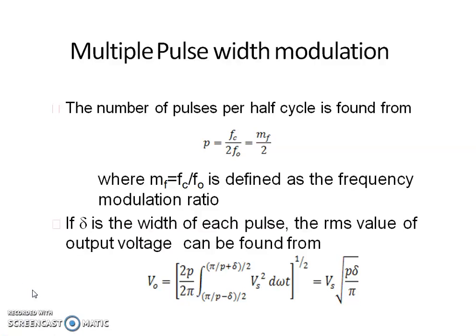If small delta is the width of each pulse, the RMS output voltage can be obtained by the equation V0 is equal to [2p divided by 2 pi into the integral from pi by p minus delta by 2 to pi by p plus delta by 2 of Vs square d omega t] the whole raised to half, that is equal to Vs into root of 2 p delta divided by pi, where p is the number of pulses per half cycle and delta is the pulse width of each pulse.